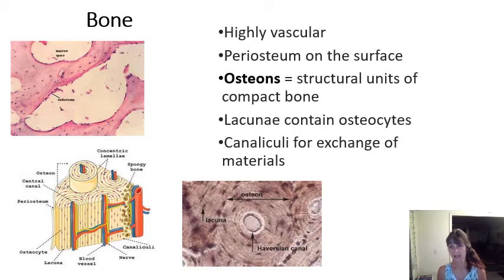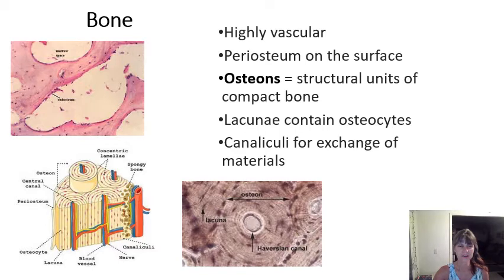Bone, unlike cartilage, is highly vascular. We already said there's a periosteum on the outer surface. There is also an inner layer on the inside of osseous connective tissue called the endosteum. That word is actually written on this slide on the upper left-hand side. It's just very small.